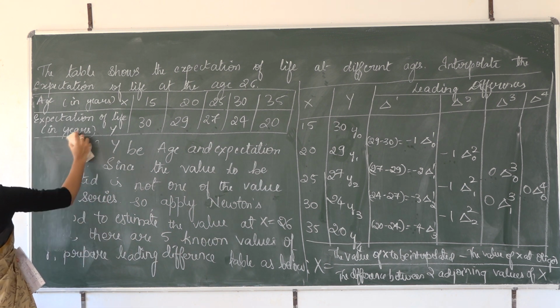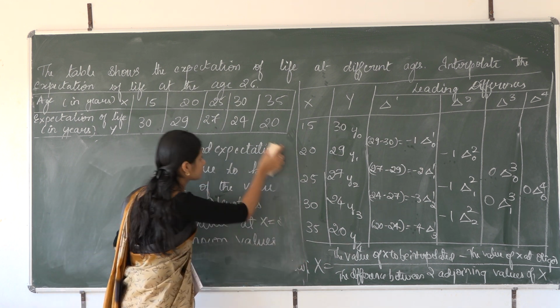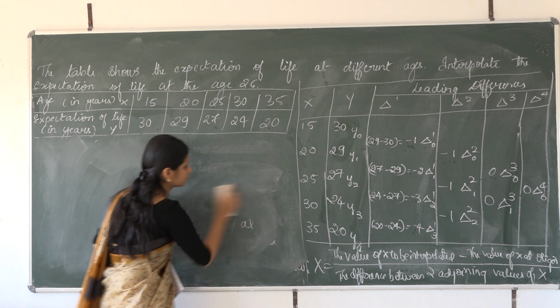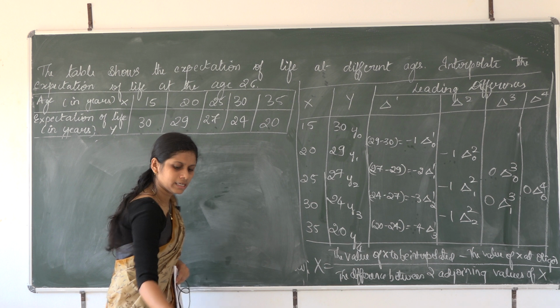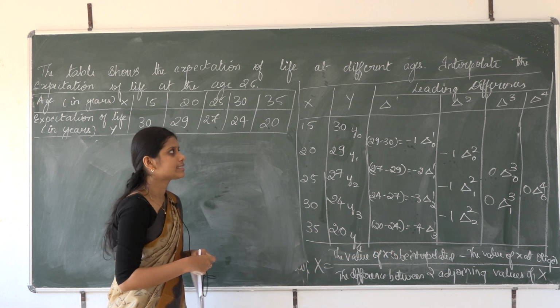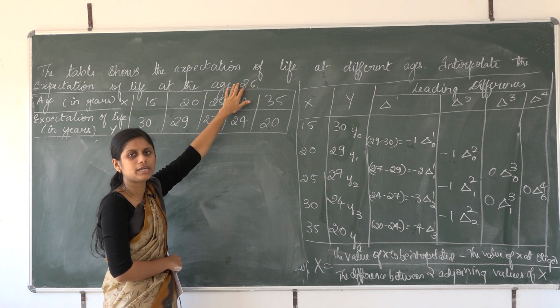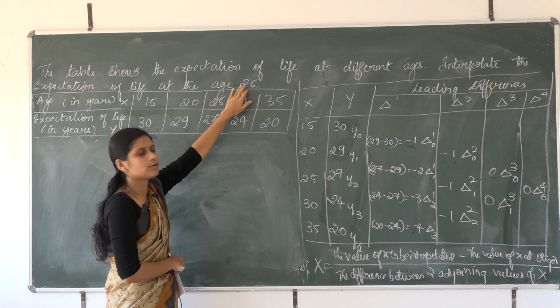So let us calculate it by substituting the values in that formula. What is the value of x that we have to interpolate? It is 26. We are going to interpolate the value of y for x is equal to 26.